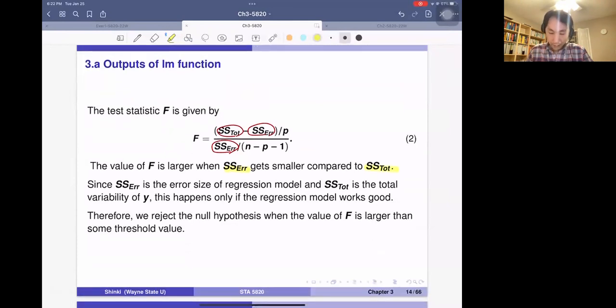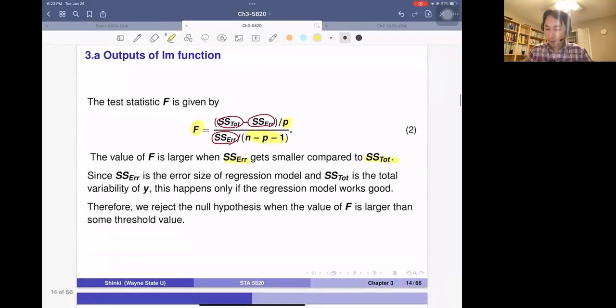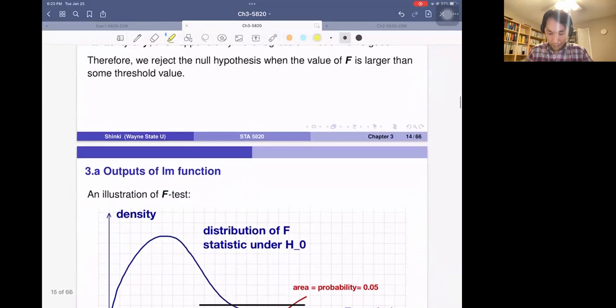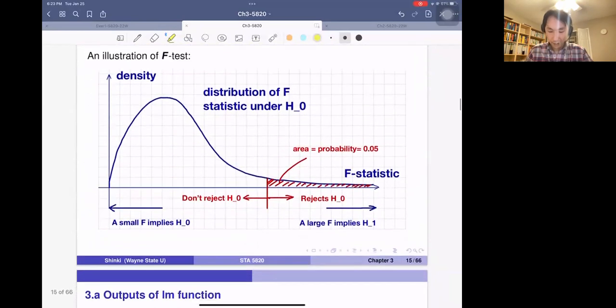But to get the exact distribution of F under the null hypothesis, we need some adjustment terms. So we divide the numerator by p and the denominator by n minus p minus 1. Anyway, this is a constant, some adjustment you can see. And with a larger F, we basically reject the null hypothesis. With a larger F, the predictors are significant.